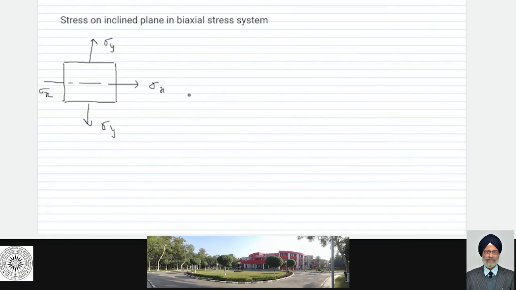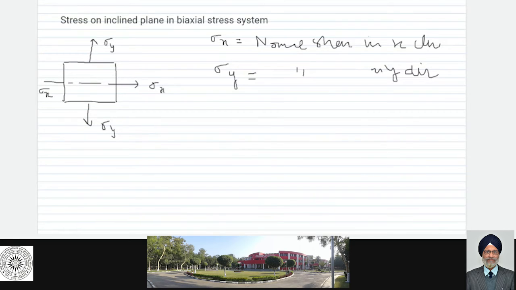So there are only normal stresses, so there is no shear. So we call it a biaxial stress system. Okay? So sigma x is a normal stress in x direction. Sigma y is the normal stress in y direction.